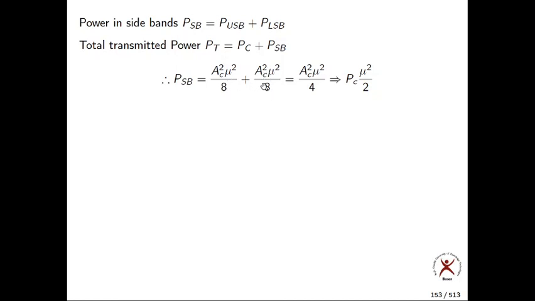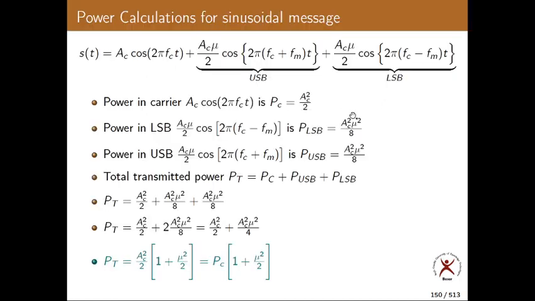They have the same power, as we have just calculated. How much is that? Ac square mu square by 8. So this equals Ac square mu square by 4. What is Ac square by 2? Pc. So Pc mu square by 2. So we have got two powers as of now. Power in sidebands equals Pc into mu square by 2, and total power equals Pc into (1 plus mu square by 2).